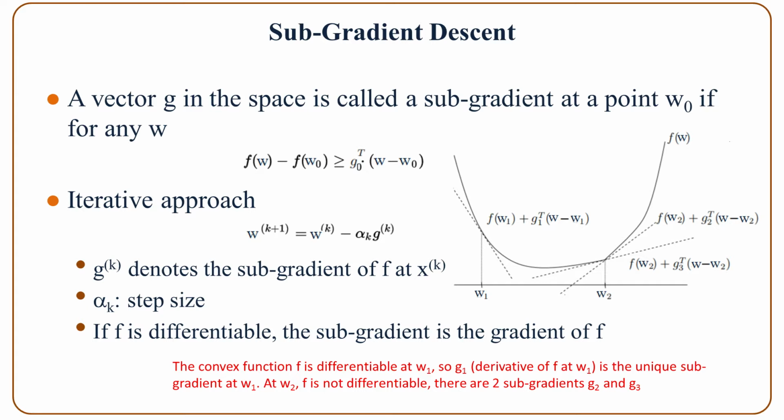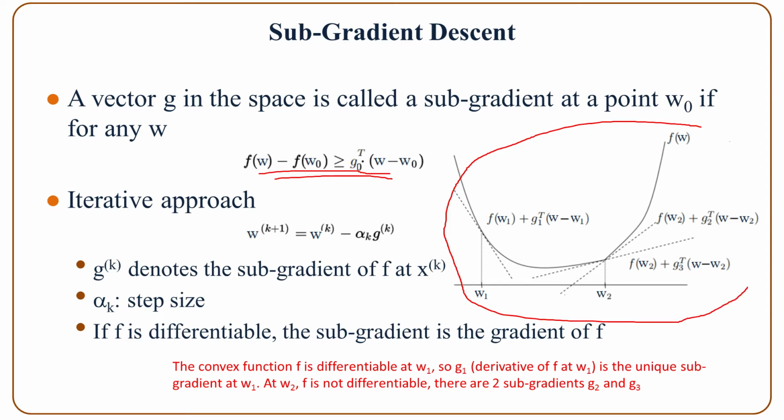Next, we talked about subgradient descent. A vector g in the space is called a subgradient at a point w0 if for any w we have this. So looking at the illustration, the convex function f is differentiable at W1.